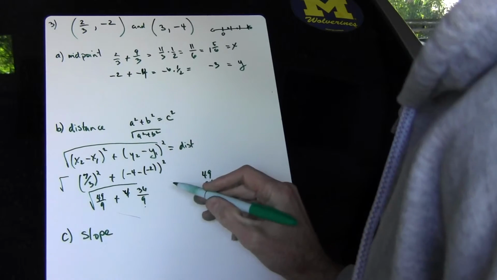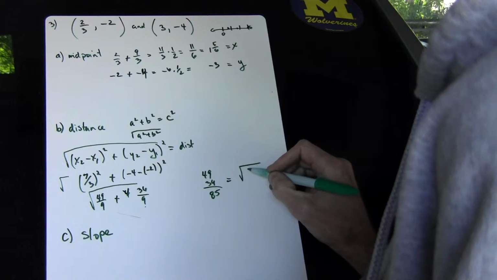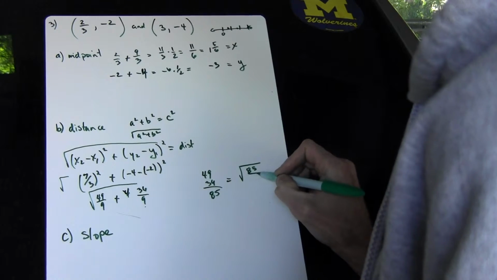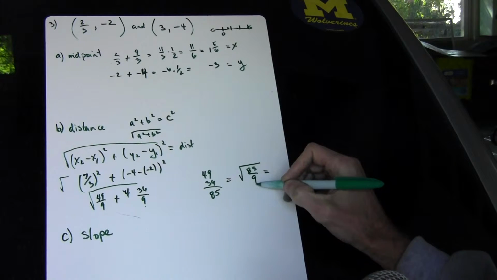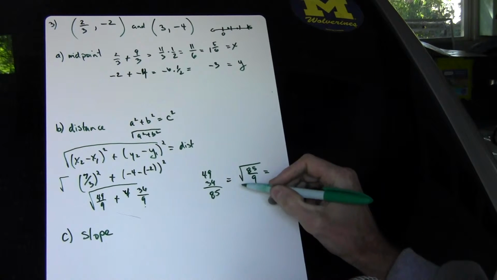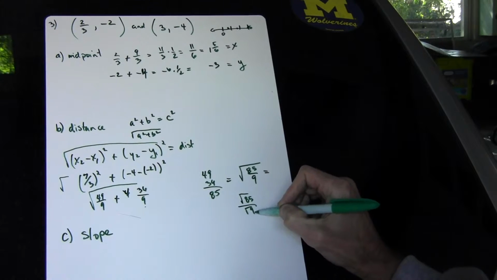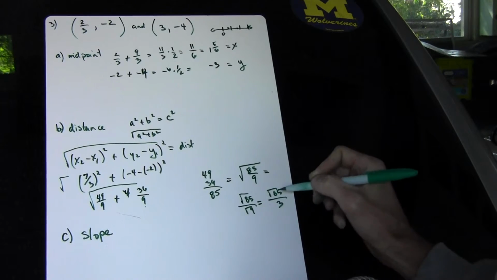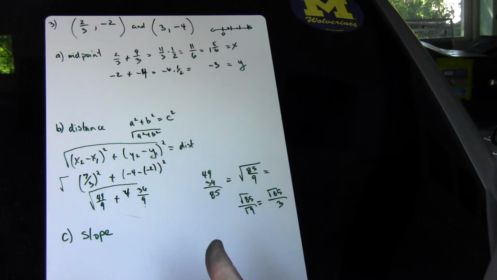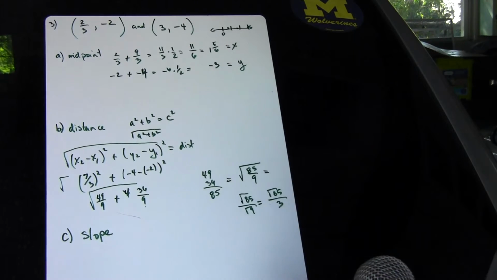So that's going to be, oh my gosh, I'm getting sloppy, square root of 85/9, which you can separate out into square root of 85 divided by square root of 9, which is square root of 85 divided by 3. And you can't factor out square root of 85 anymore. You could try to think about it, but that's as far as you can go.